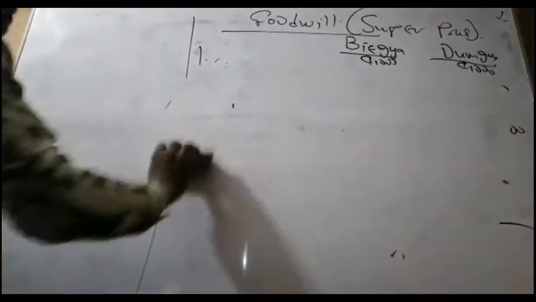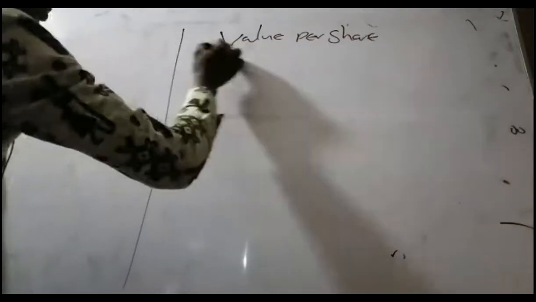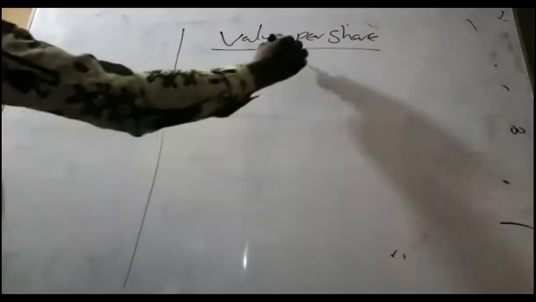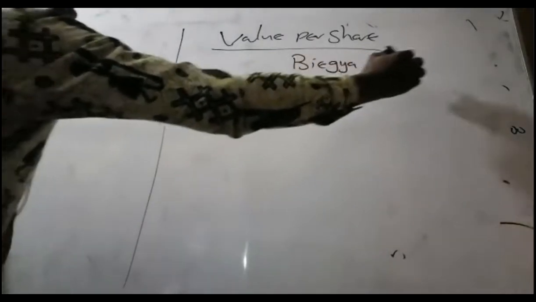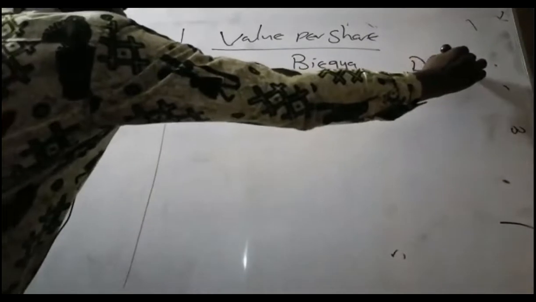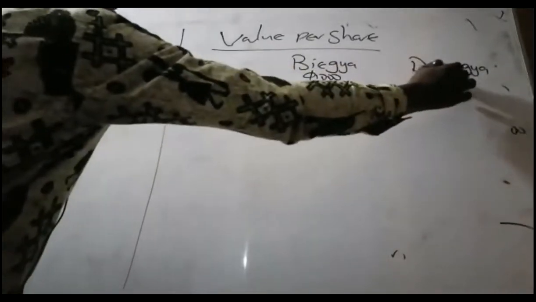So we are calculating value per share or price per share. Don't forget Bija and Dumja. Ghana cedis in thousands.